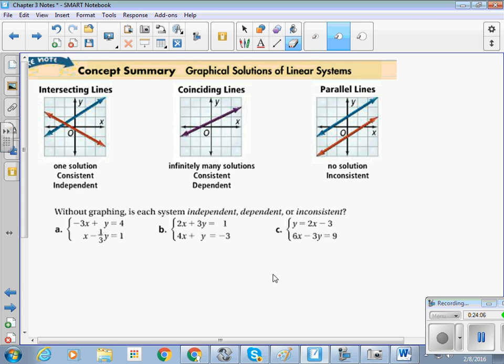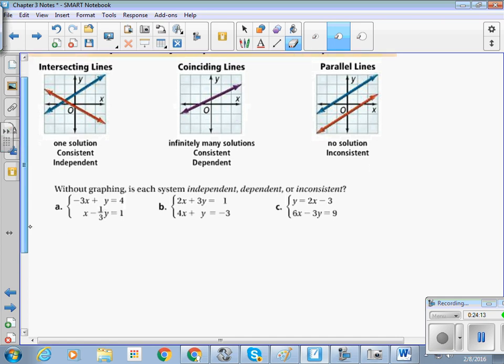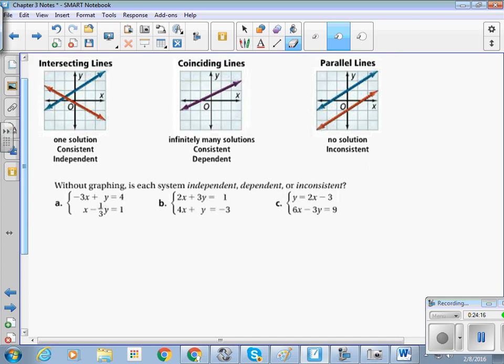All right, let's see how we can, without graphing, determine if you're independent, dependent, or inconsistent. The first thing I'm going to do for each of my equations is solve for y. I find it's easier to compare my equations when they're solved for y. So I'm going to take this equation here and add 3x to both sides, and I get y equals 3x plus 4.